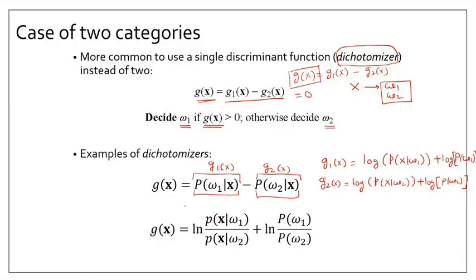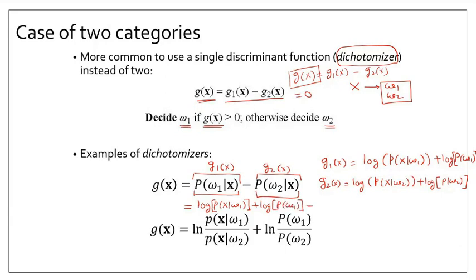Then now I want to do G1(x) minus G2(x). So I write here log of probability of x given omega 1 plus log of probability of omega 1.